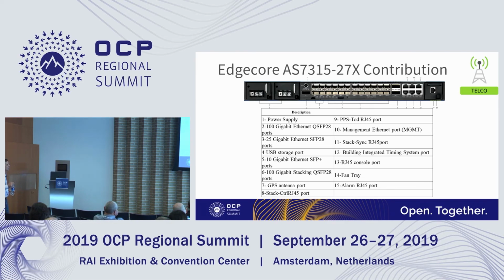And there's also a stack control port that carries information from the CPU of one device to another if you were to stack two of these together. And then these 100 gig ports over here on the right are used for stacking the data between the two devices.